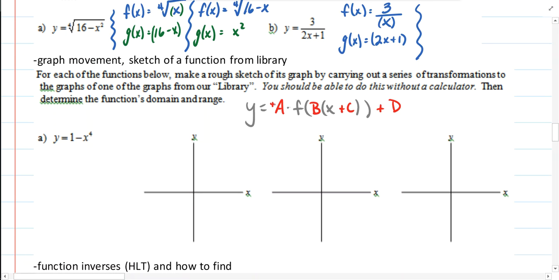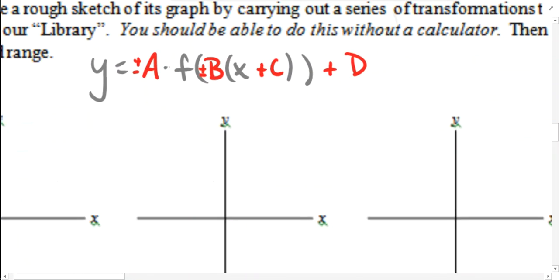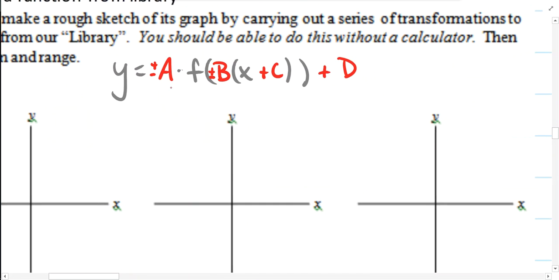This a value, since it's a product, could be considered as a positive or a negative result, as well as b, positive or negative. Essentially what we're saying is that the multiplication on the exterior or on the interior could affect or change the way a shape appears. The addition of a c or a d value could also change the way the graph appears.